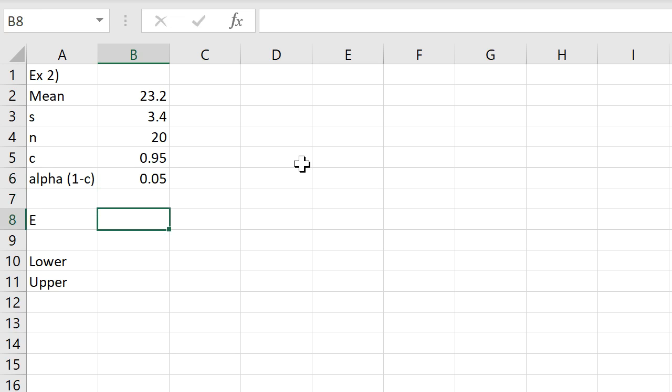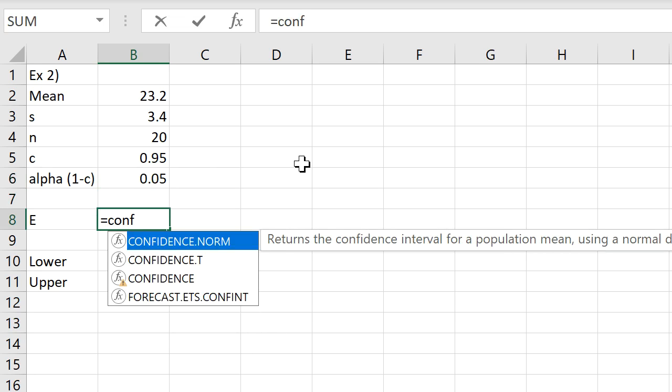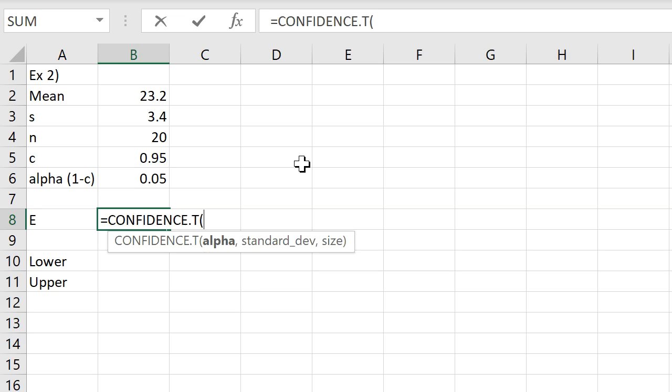So it's 0.05. For our E, we do equals confidence.t of our alpha, so 0.05, our standard deviation, so 3.4, and the size, 20.